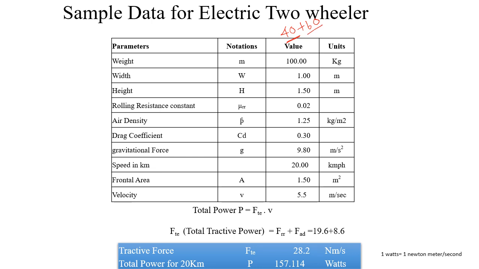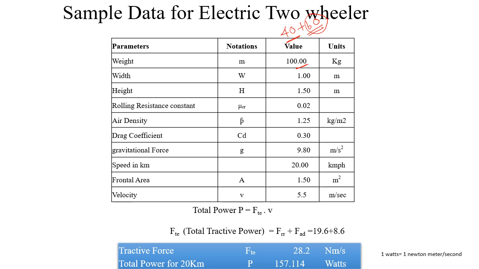And if you add an occupant of 60 kg, then the total weight will be 100 kg. So this is just an assumption. We are going to design a vehicle that can move a weight of 100 kg, and this 100 kg is the total weight of the vehicle as well as the occupant.